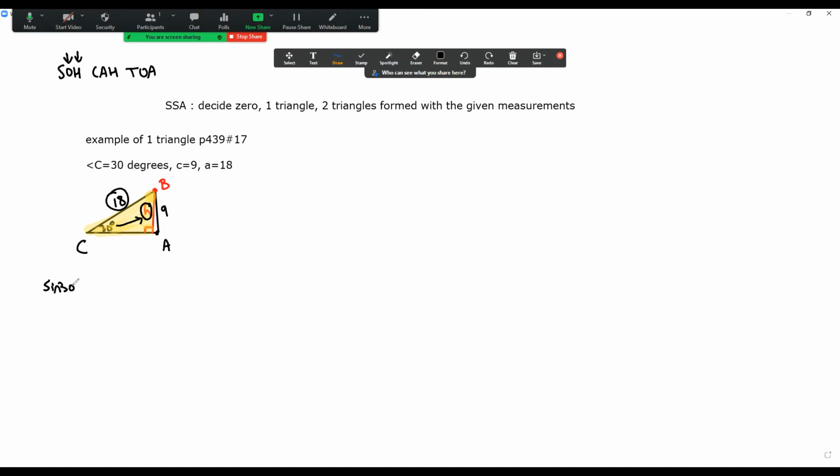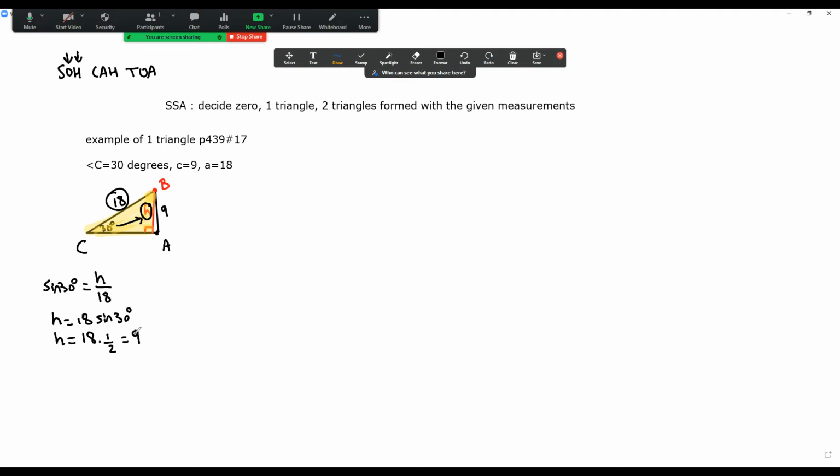So sine of 30 degrees equals the height over 18, which is the hypotenuse, cross multiply, and you will get 18 sine of 30. By using our unit circle, not necessarily a calculator, you should find the height to equal 9.